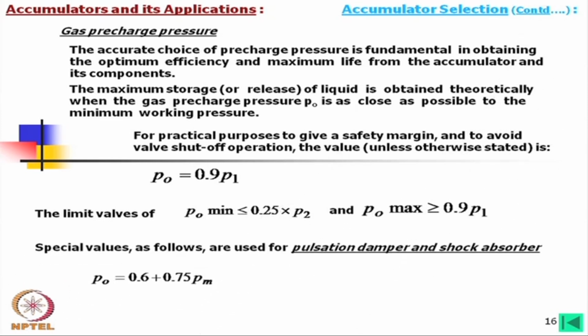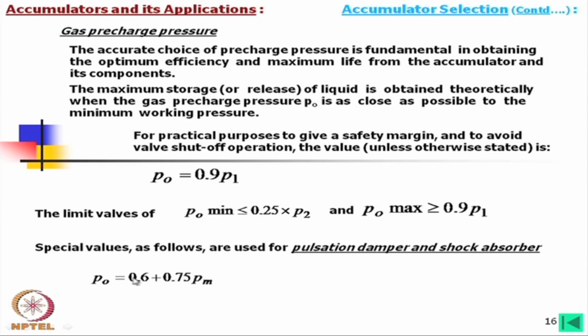Then special values as follows are used for pulsation damper and shock absorber. P0 is 0.6 plus 0.75 of Pm. I think we should look into this relation again, because this value is there without brackets.